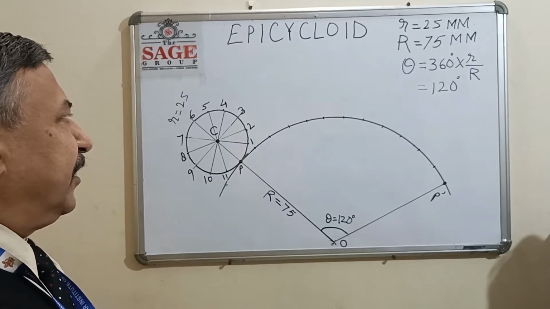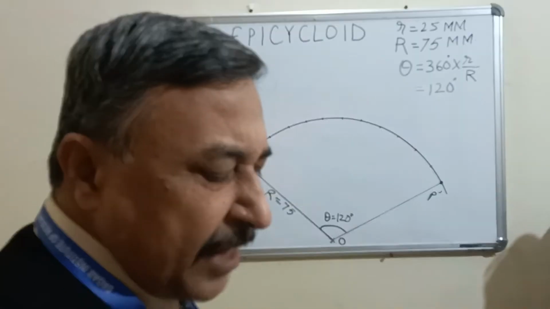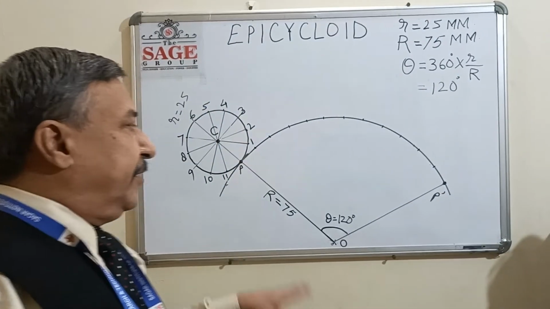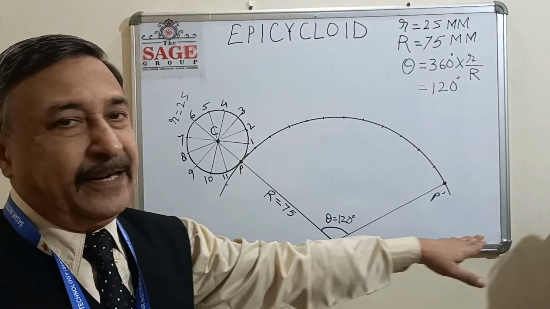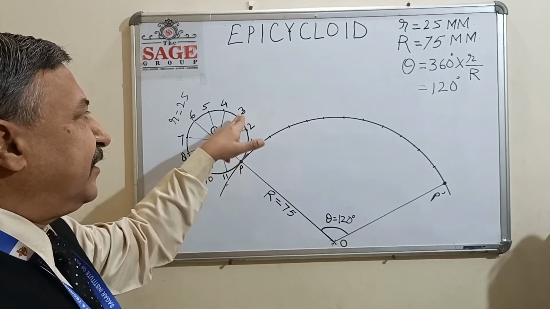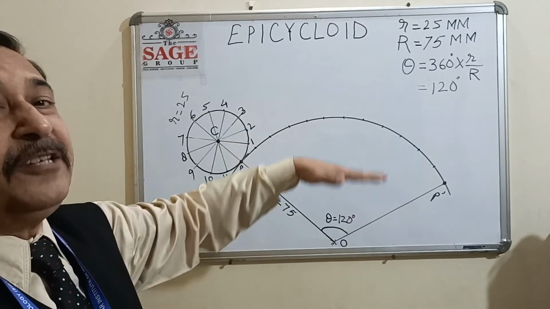Now next, in cycloid, the path is a straight line and all straight lines should be drawn from these points, parallel to this path.